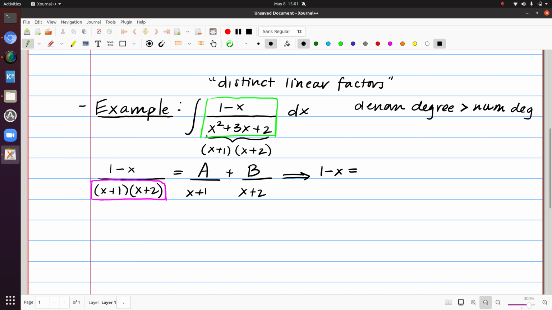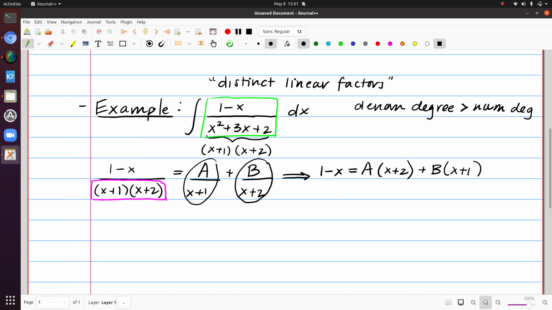Now, if you multiply what I've boxed in pink by this term, notice the x plus 1s will cancel. So you'll really only have a multiplied by x plus 2. Likewise, if you multiply what I have boxed in pink by this term, b over x plus 2, the x plus 2s will cancel, and you only have b multiplied by x plus 1. So this is much nicer in terms of allowing us to try to find the constants a and b.